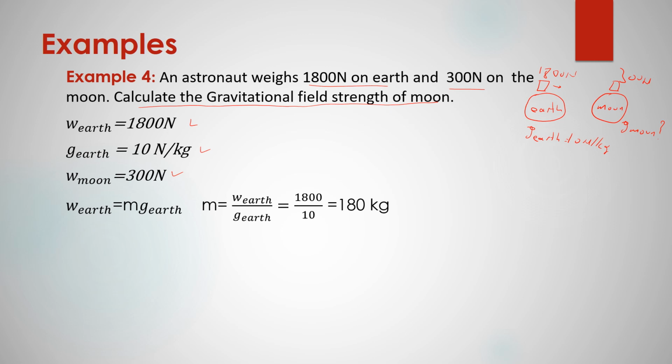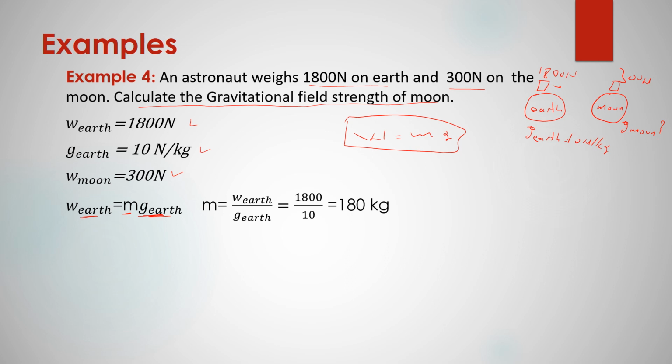So let's put the formula. The formula is the same: weight is equal to mg. This is the common formula. If the object is on the surface of the earth, then the weight of the object on the earth is equal to mass multiplied by the gravitational field strength of the earth.